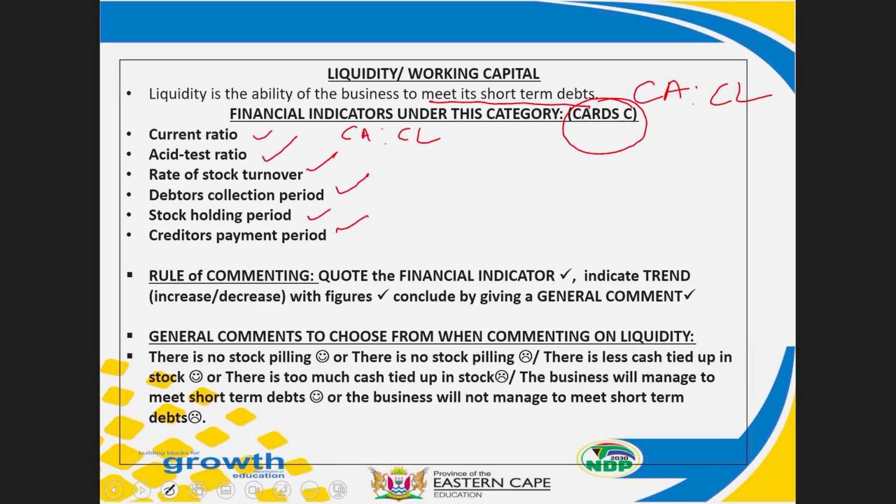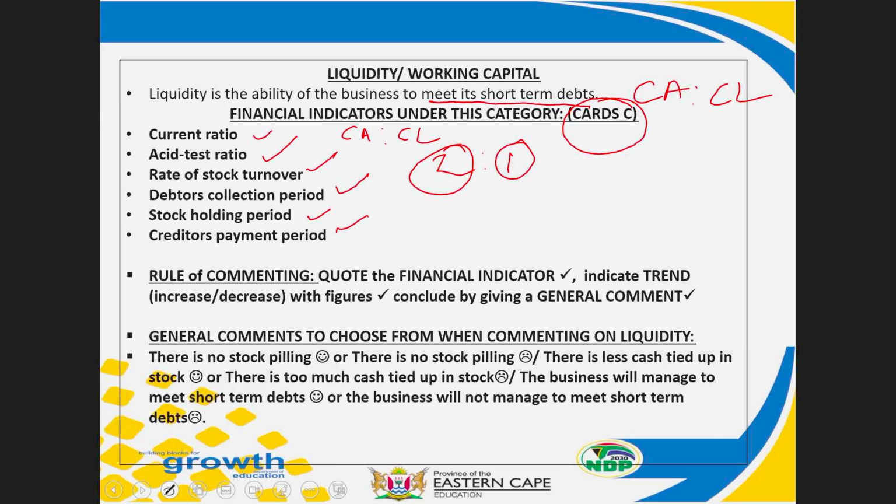Because when current assets exceed the current liabilities, let's say our current ratio is 2:1. 2 represents the current assets, 1 represents the current liabilities. That would mean that for every 1 rand that we owe to our creditors, we have 2 rand available to pay.